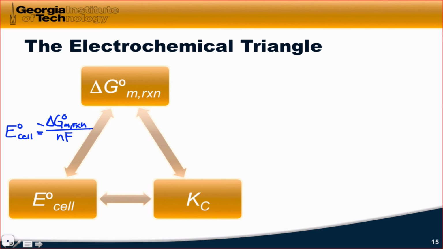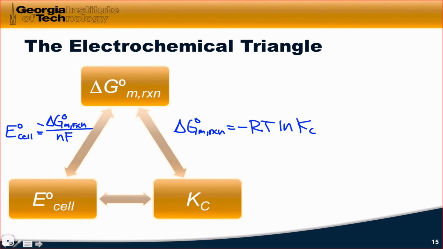We also know how the standard molar free energy change is related to Kc, namely delta G under standard conditions per mole of the redox reaction is equal to negative RT natural log of Kc. So we can of course relate delta G to Kc.